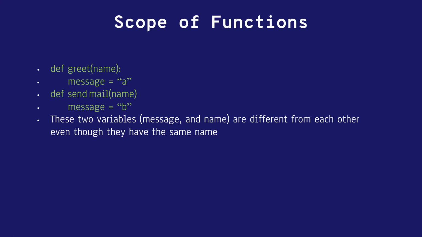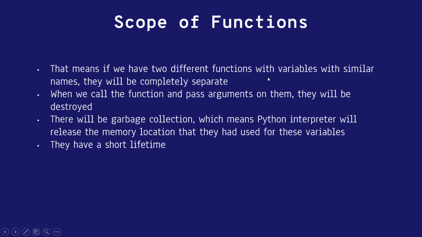This message here is different from this message here because this is local to greet and this is local to send mail. The same thing here, this parameter name is different from this parameter name in the two functions because they are local to each of them. That means if we have two different functions with variables with similar names, they will be completely separate.